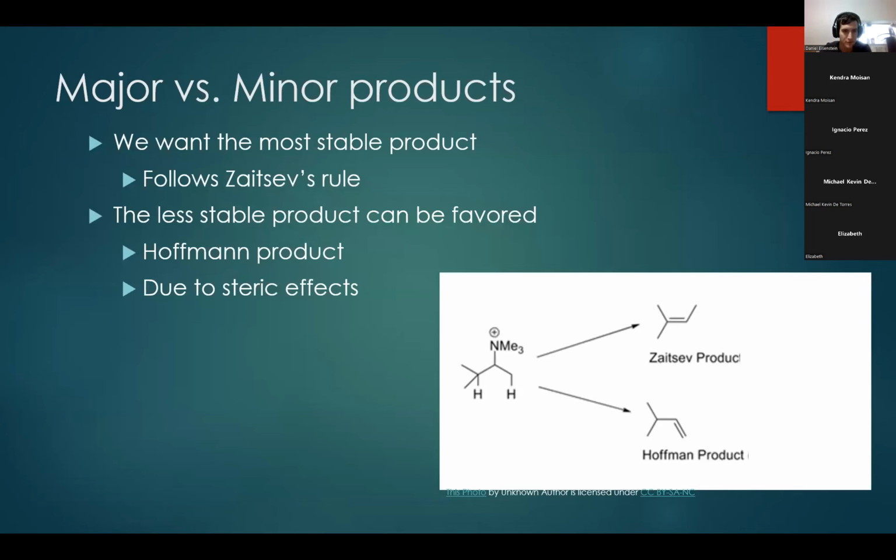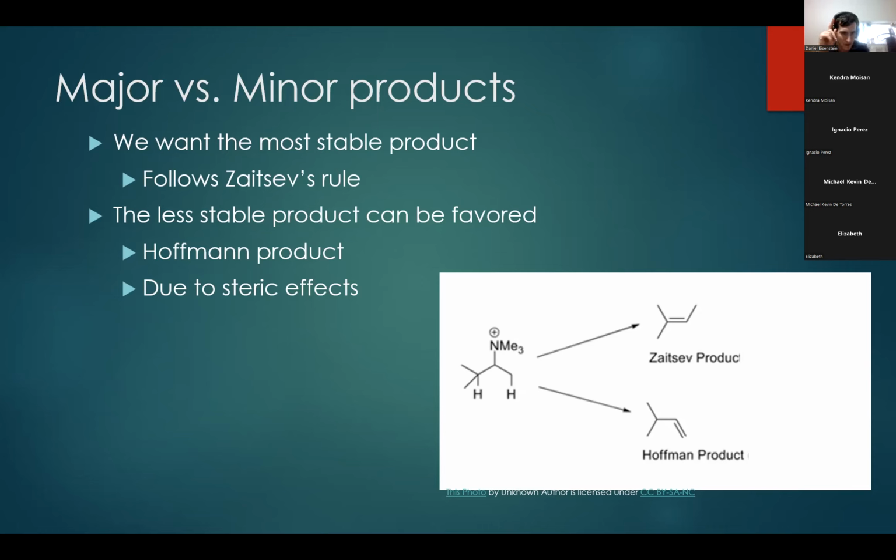Really, really important. For a lot of you, the way you learned this was really more difficult than it had to be. I'll simplify it down to much easier. There are two possible products: the Zaitsev and the Hofmann. Zaitsev is the more stable, more substituted alkene, and the Hofmann is the less substituted, less stable alkene.